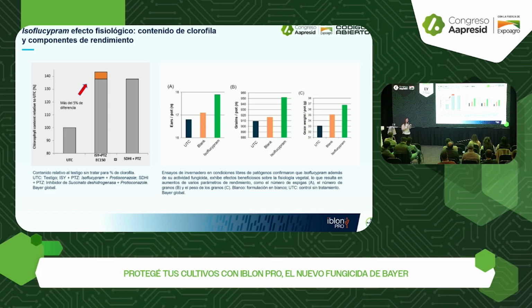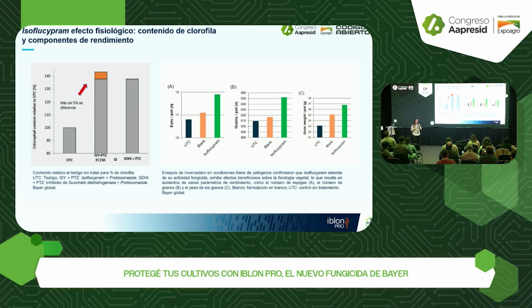We've also measured this on wheat, and we've measured the different ways it affects the crops. At the global Bayer Corporation level, we have measured what happens with an untreated check stand, a blank formulation. What does this formulation do? It has the full formulation present in isoflucipram, except for the active ingredients.